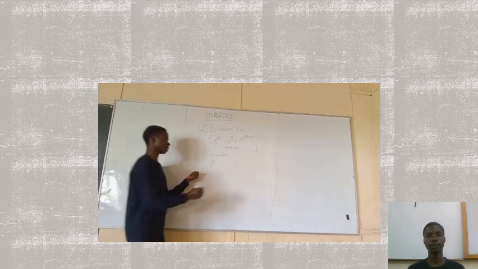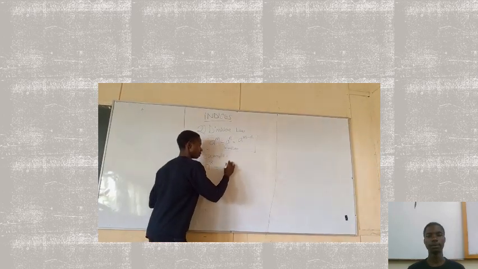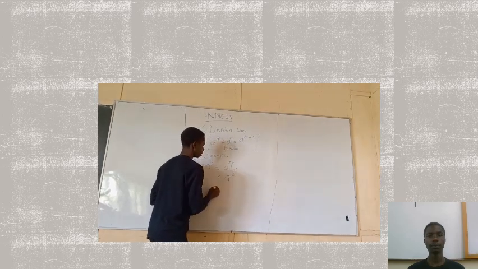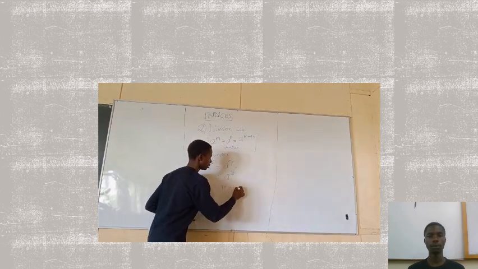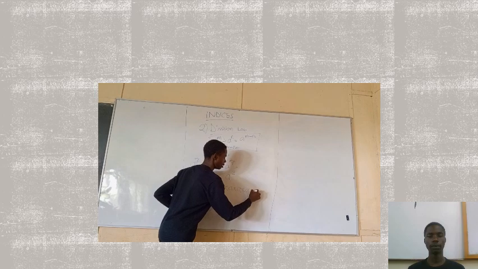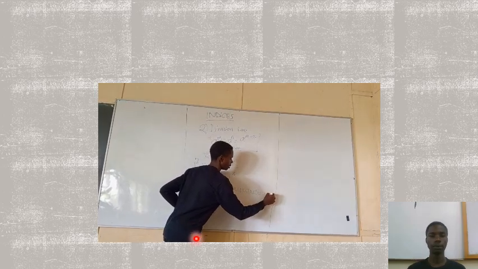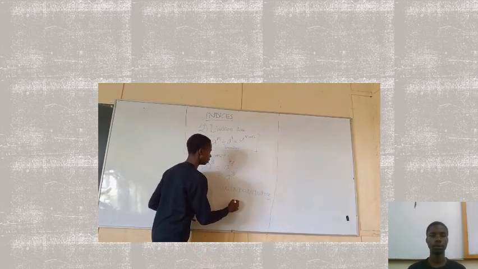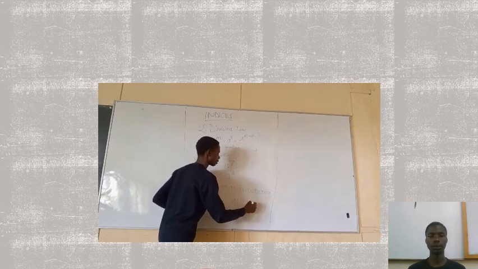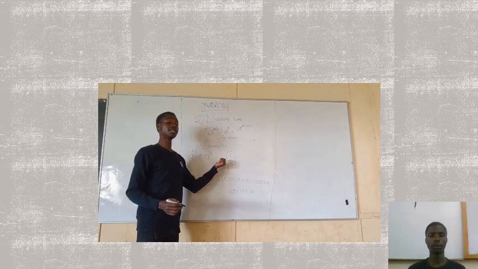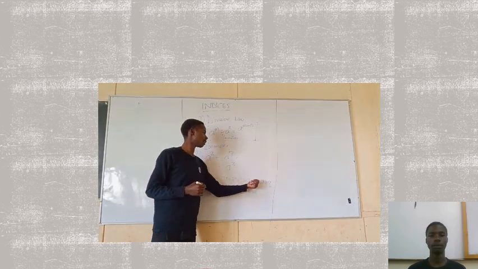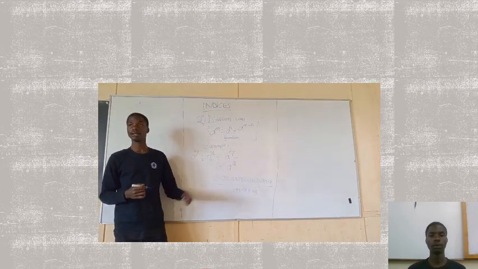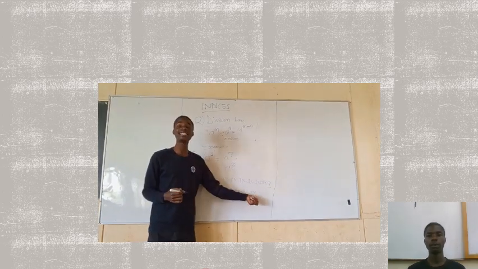This can be written as a power 7 divided by a power 3, which is expressed as a times a times a times a times a times a times a, divided by a times a times a. A power 7 means a is multiplied by itself 7 times: 1, 2, 3, 4, 5, 6, 7. And a power 3 is multiplied by itself 3 times.